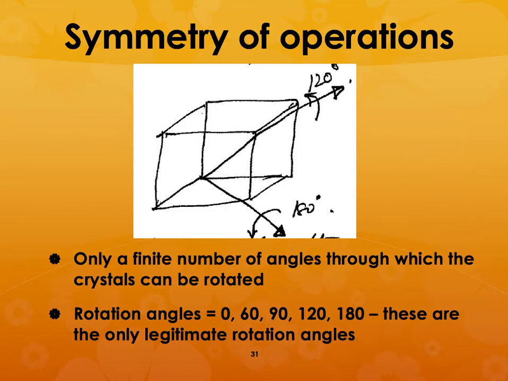You may say that you can do 36, but the atom positions will not be the same. But in the case of 60, 90, 120, 180, the atom positions are going to be the same afterwards.